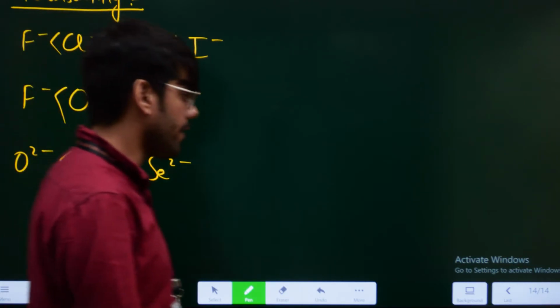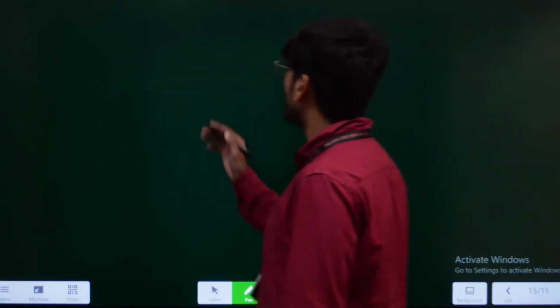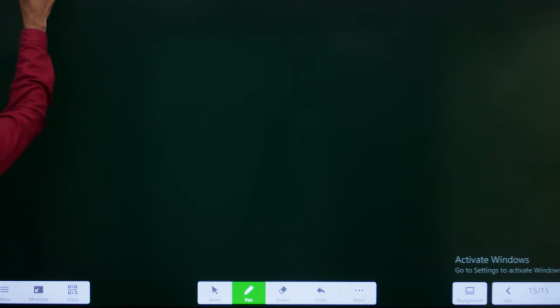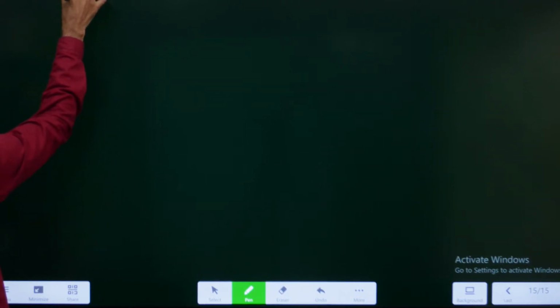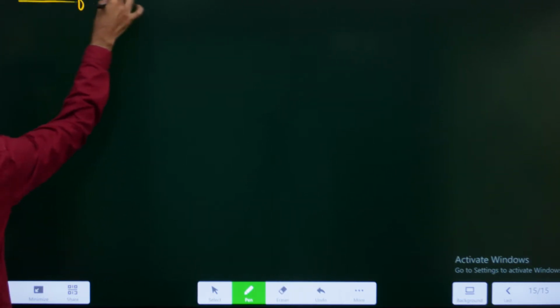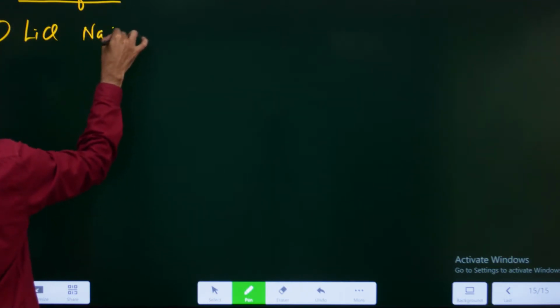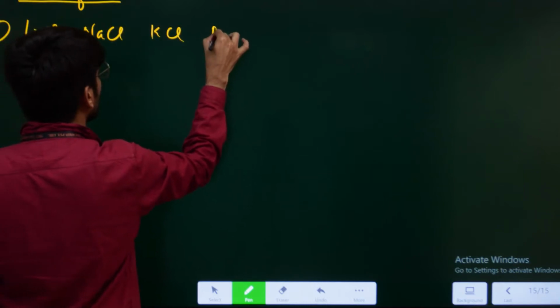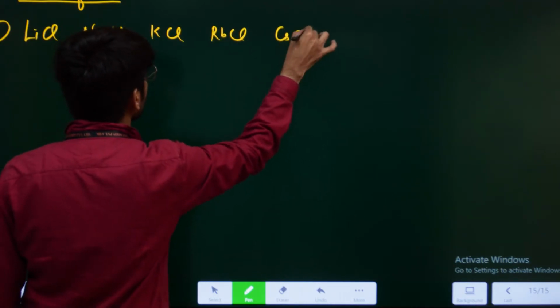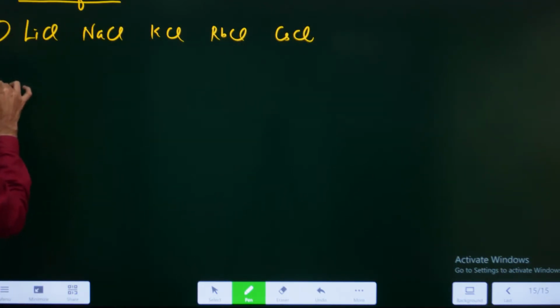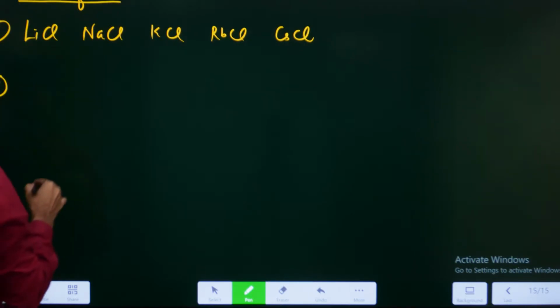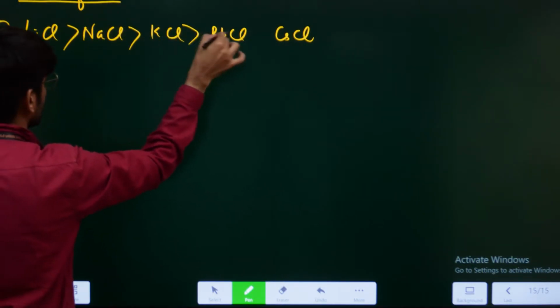Yes, sir. Alright. Now, please arrange the following in increasing order of covalent character. First, very quickly: LiCl, NaCl, KCl, RbCl, CsCl. LiCl has the maximum covalent character.